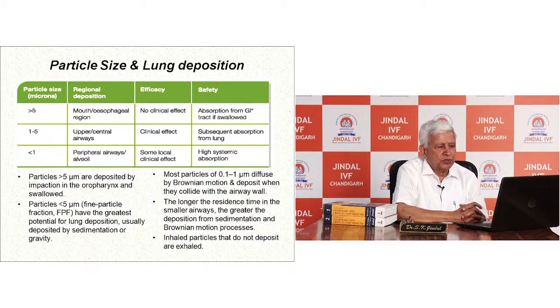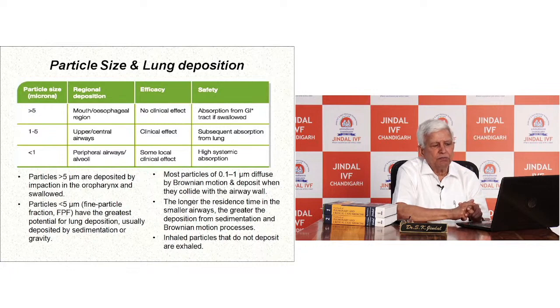On the other hand, particles which are less than 5 micron in size, or fine particles, have the greatest potential of reaching the lungs, and they are more likely to have an effect on the airways. As you can see, particles less than 5 micron and less than 1 micron will go into the lung periphery.